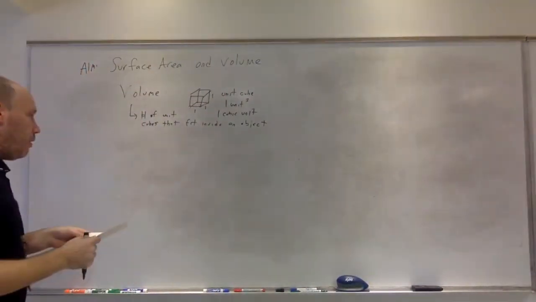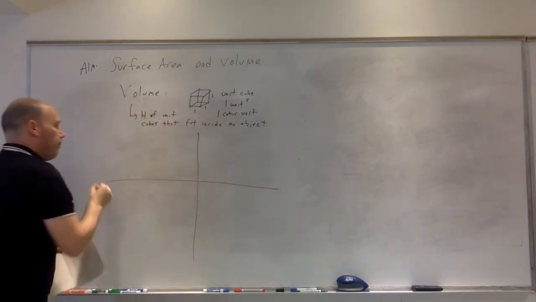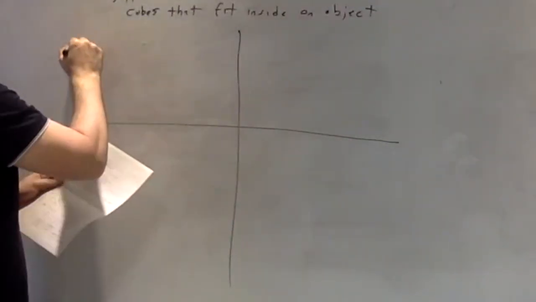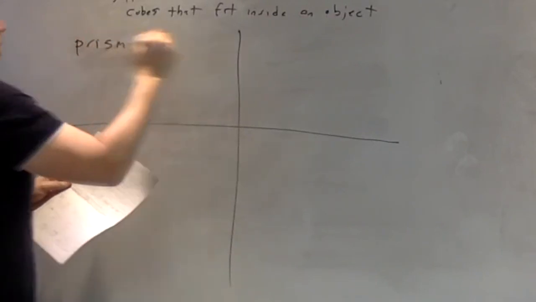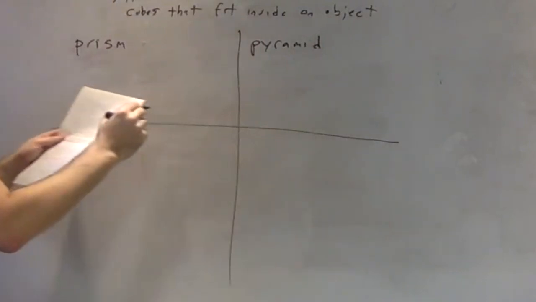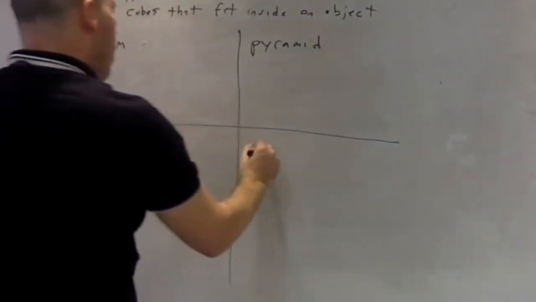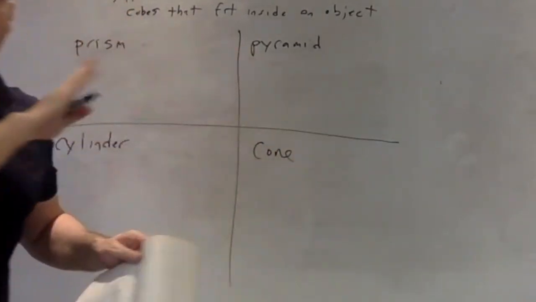I like to make a chart. So what we're going to do is compare prism, pyramid, cylinder, and cone, because they're all connected.